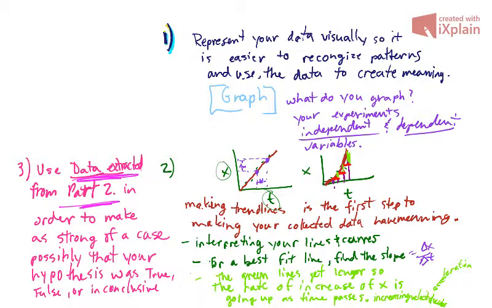So inconclusive just means you're not done with your inquiry. True or false, that could mean you're done. False, maybe try a different direction. True, you verified what you're trying to verify, and I guess you move on to something else.